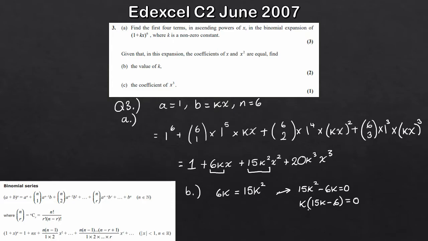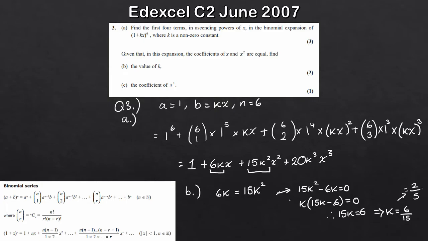So you'd obtain 2 solutions here, but due to the fact that k is a non-zero constant, we can't have the solution where k is equal to 0. So in that case, 15k is equal to 6, which gives us k is 6 over 15. That's the value of k, which we can simplify if we want, to 2 over 5.